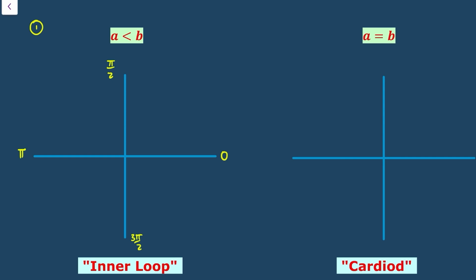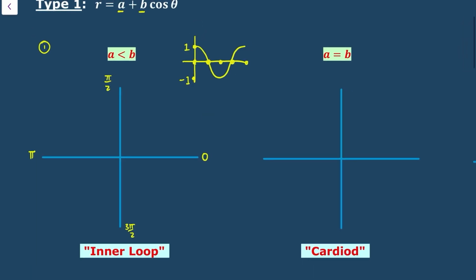When we have an inner loop, let me just sketch the graph of cosine. So there are my key points, 1 and minus 1. And remember, you can always just plot a table of values if you forget what these look like.